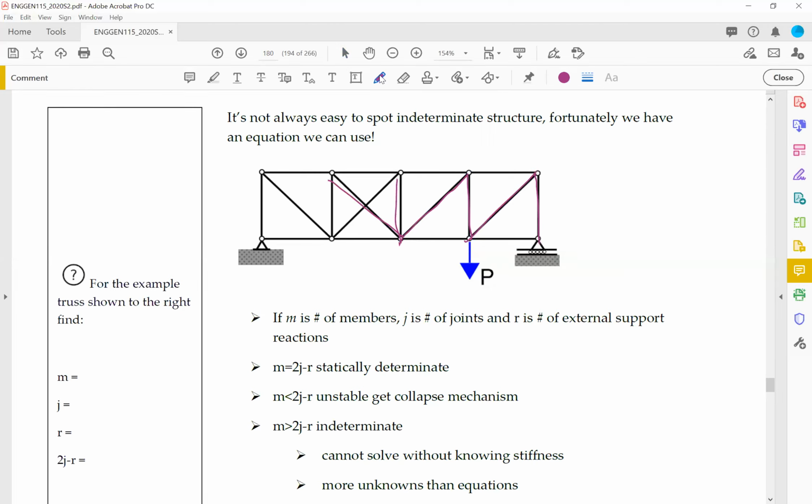Now, the thing wrong with that is that if we were to isolate this joint, we have a member coming through here, one there, one there, one there, one there. Now we have a force there, and we need a member that can counteract that force. But in fact, we have two members that can counteract that force. Because we have two equations and two unknowns, we cannot calculate.